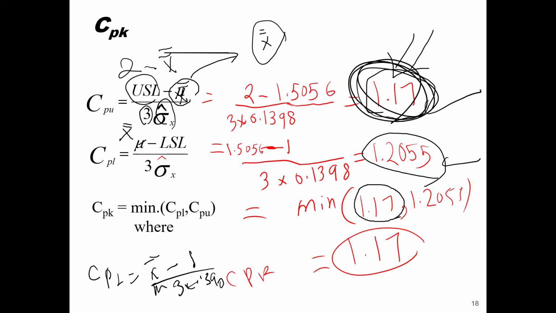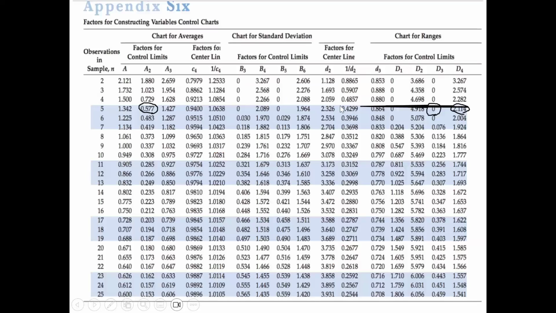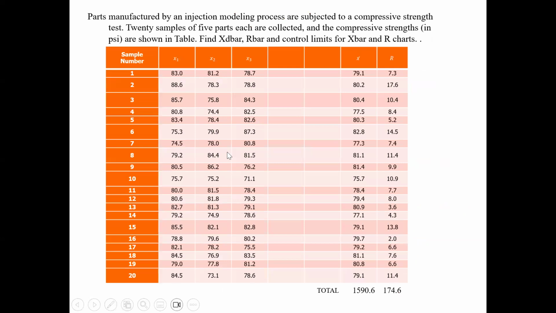Okay, this is the table. I put the table here on a specific slide in the last slide. You see this slide, right? Everybody? Yes, we see it.